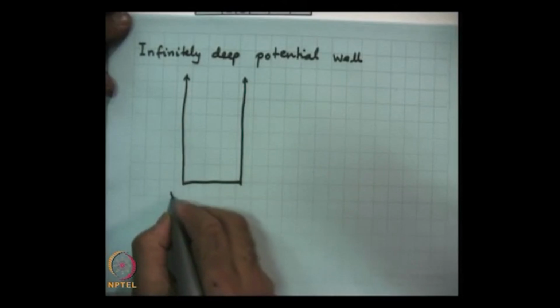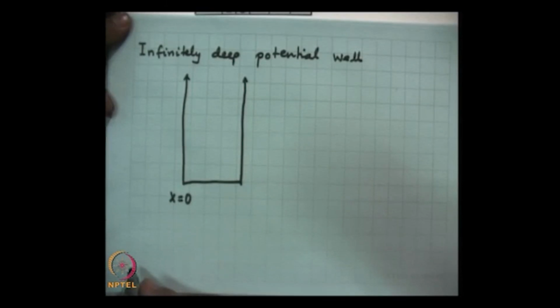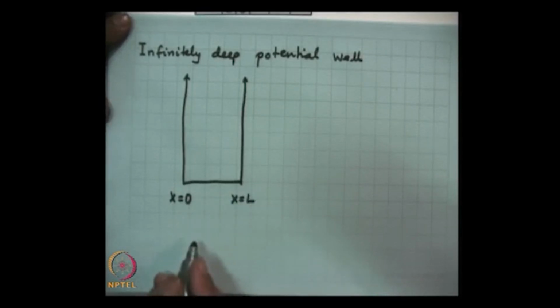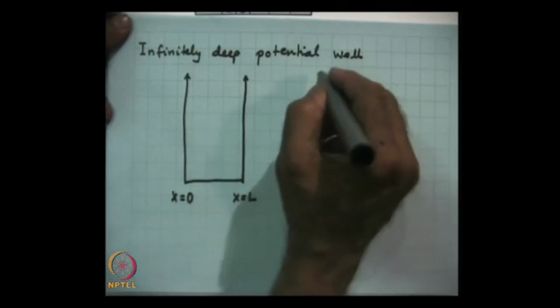Let me choose this as the point origin, x is equal to 0, and this as x is equal to L, and the particle is localized somewhere here, and between x is equal to 0 and x is equal to L, the particle is free.